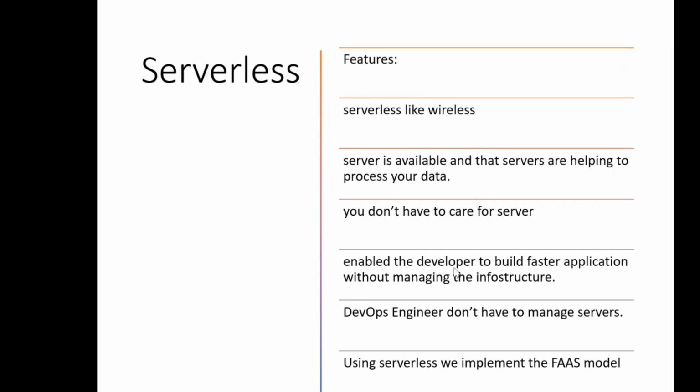That is the advantage, right? As a DevOps engineer, when you're working on a particular project, you are not going to manage the server. Directly, you are going to deploy inside a server. You just have to share the code and some configuration files. That's it. In the case of serverless architecture, the advantage is that it deducts the amount based on the number of requests. Right? So let's explore more into this.